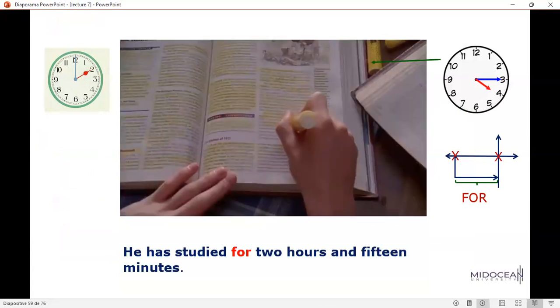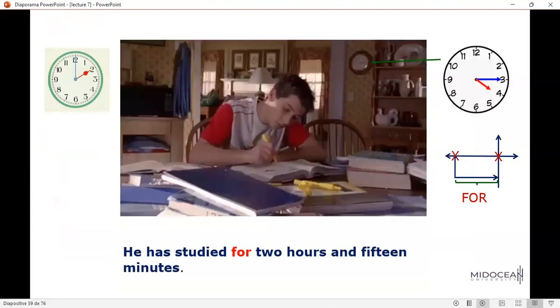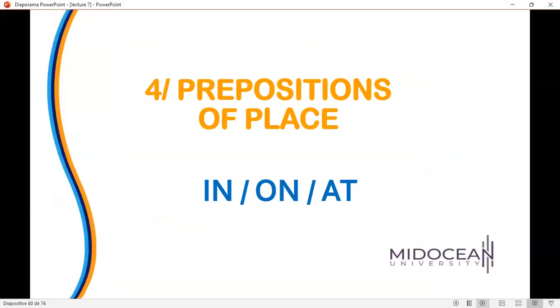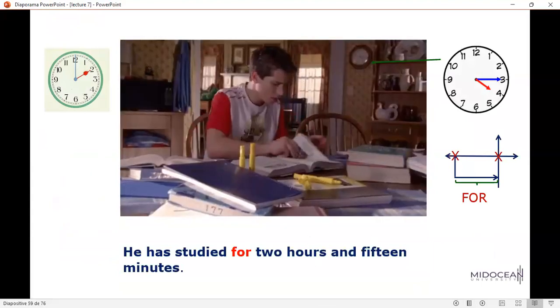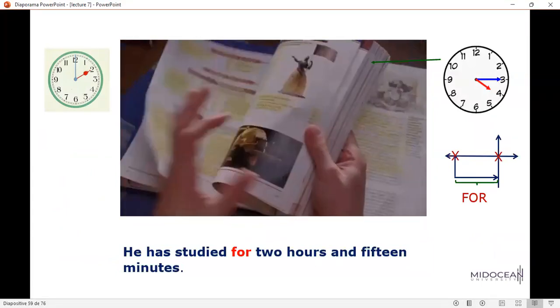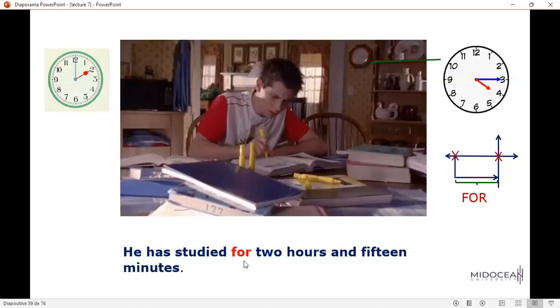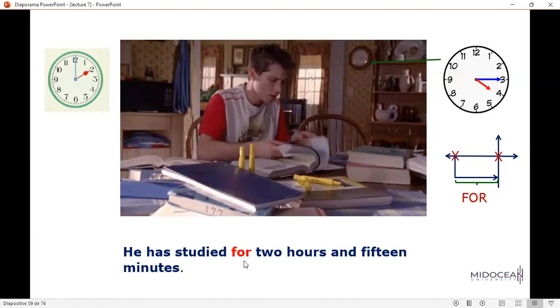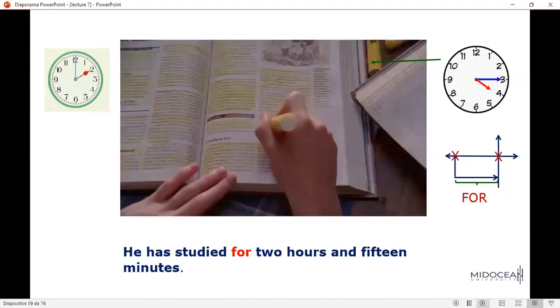So he has studied for 2 hours and 15 minutes. Okay, so here for indicates length or duration of time. Okay, and both for and since are used, of course, with the present perfect tense. Okay.